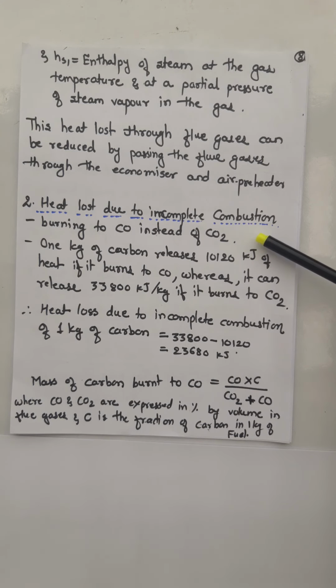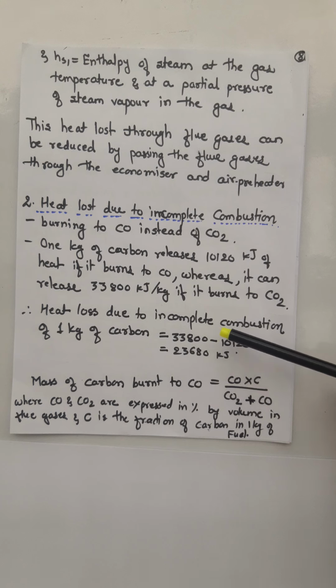So 1 kg of carbon releases 10120 kilojoule of heat if it burns to carbon monoxide, whereas it can release 33800 kilojoule per kg if it burns to carbon dioxide, that is CO2.